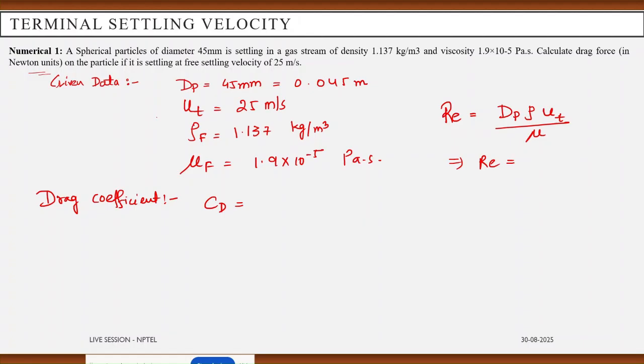Based upon the value of the Reynolds number, we will understand whether the flow here is laminar or turbulent, and based upon that, we will decide the value for the drag coefficient.